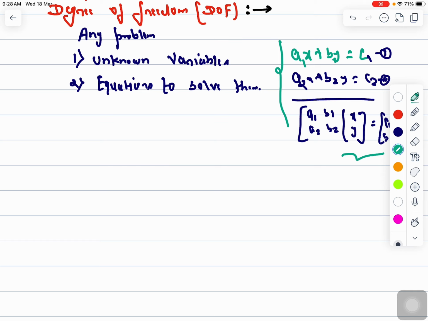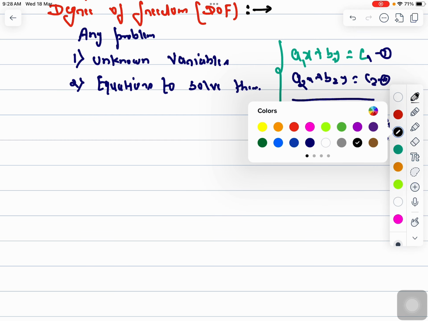Right. So the key question here is: do we have enough equations to solve the unknowns? That is a very important thing.